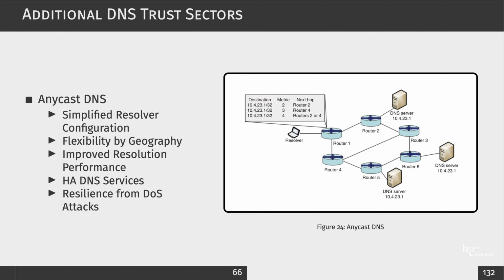This could help to provide one single IP address to every client. Every client is configured exactly the same, using the same IP address, and the routing protocol is taking care that the client is always using the closest DNS server. And if this DNS server is not available anymore, the routing protocol will redirect the queries of the client to the now closest DNS server.